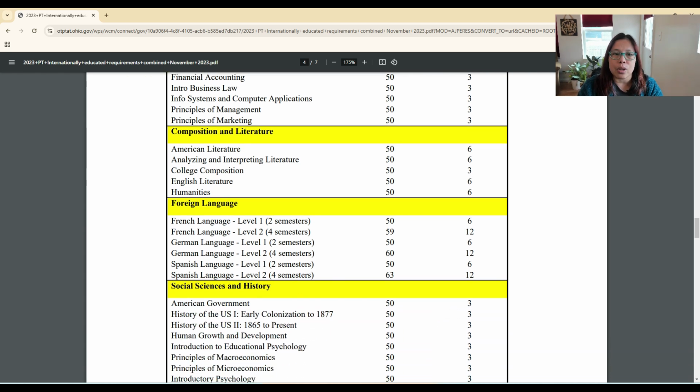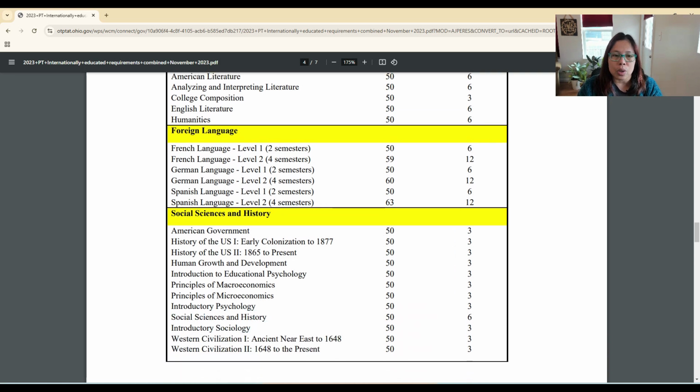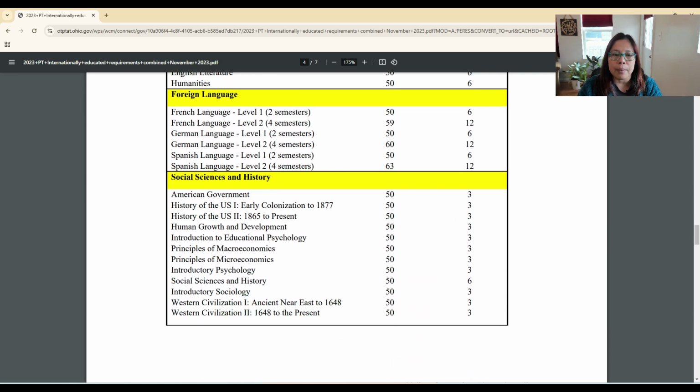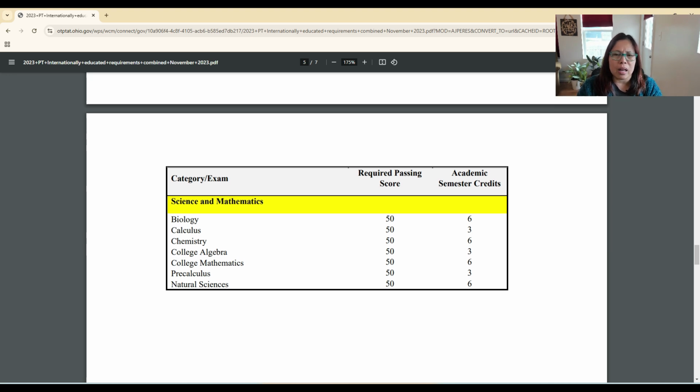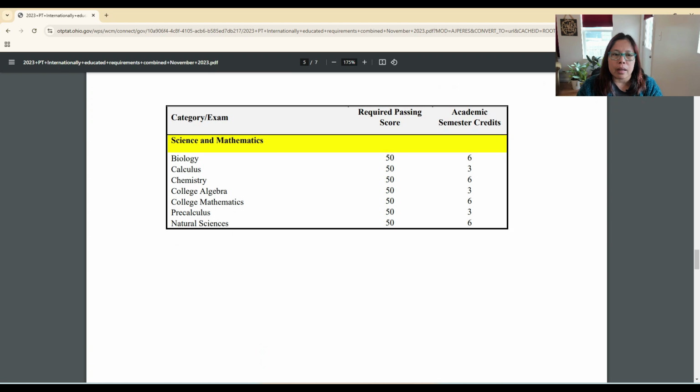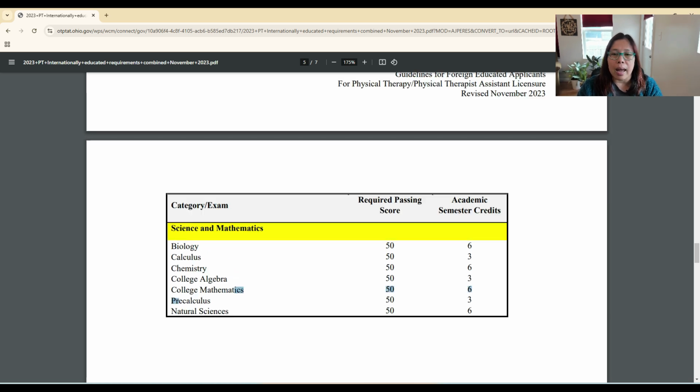Under business, composition and literature, foreign language, social sciences and history, science and mathematics, okay? And also you have the required passing score and the number of credits. A lot of foreign educated physical therapists may be missing chemistry, algebra, mathematics, pre-calculus. Those are common things that I hear.